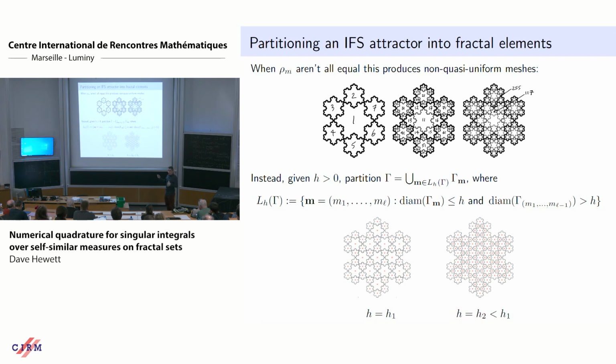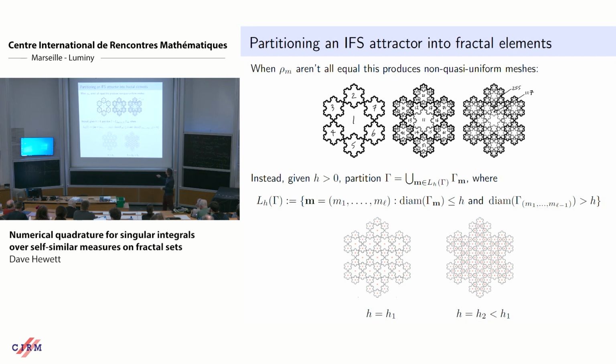That's where you don't refine down to the same number of levels everywhere. You do a local strategy that just looks at the size of the elements, and you choose a different index set. You look at all the vector indices for which the components have diameter less than or equal to h, and the diameter of the parent is bigger than h.